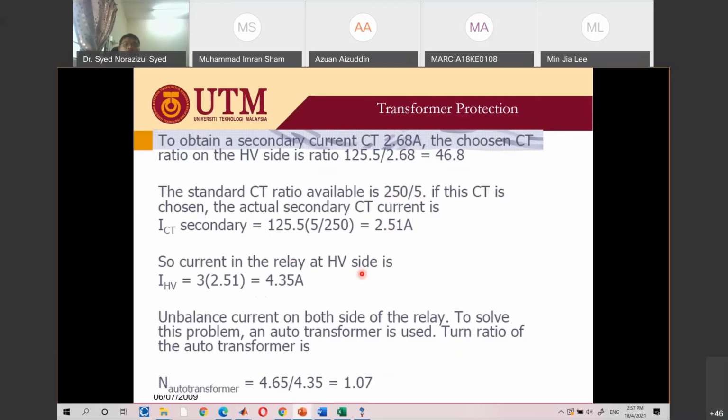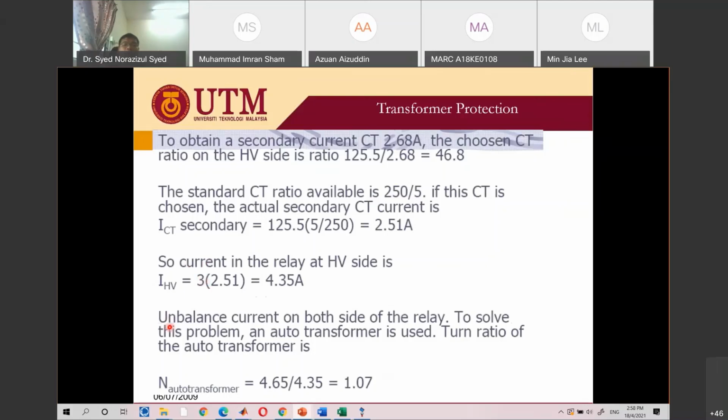So current in the relay at the HV side, IHV, is 4.35. This is the maximum current that can be achieved by the relay. Why do we have a cert3 here? Because it's just to cater for the star and delta.